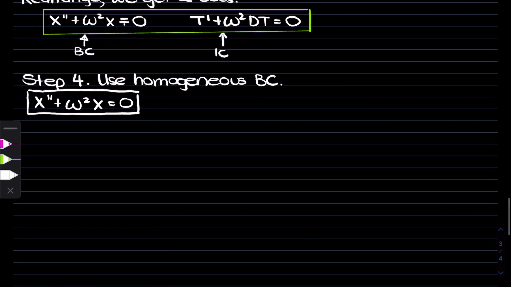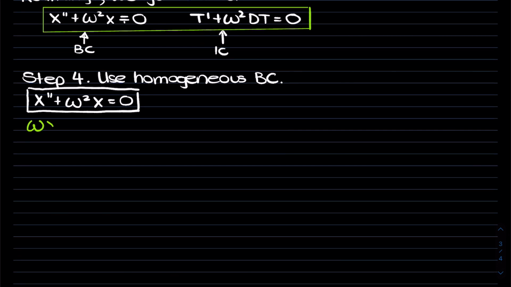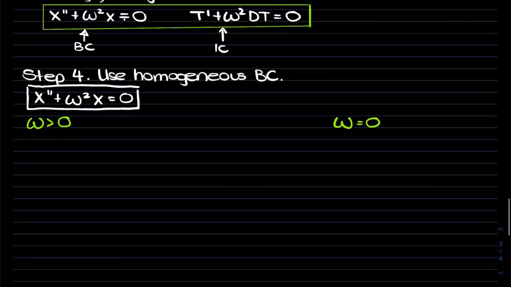Now, you'll see that we don't know what lambda is, but there are two possible scenarios. One is for lambda greater than 0, and we need to consider also the case for lambda equals 0. So we'll start on the left-hand side first.